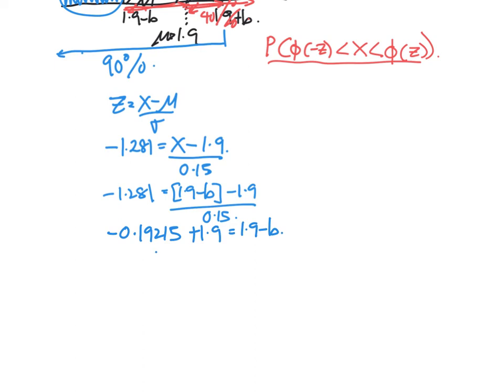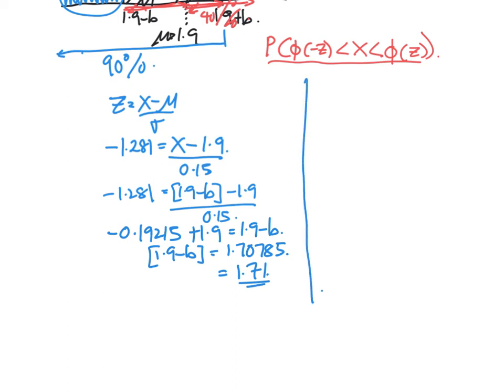So 1.9 minus b is equal to 1.70785, and to two decimal places the answer is 1.71. So your lower safety limit is 1.71.